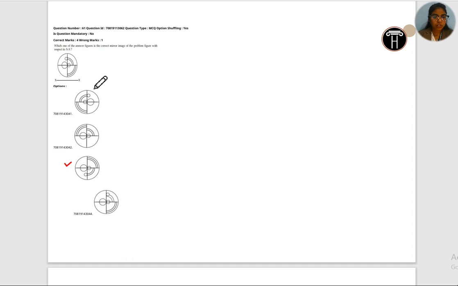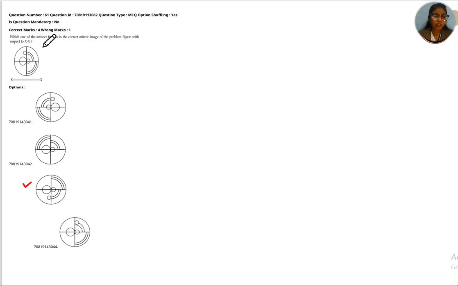Now the next question is, which one of the answer figures is the correct mirror image of the problem figure with respect to the x-axis? Please don't imagine that the x-axis would be parallel or that it might be perpendicular. Please look at the question carefully, where they have given the x-axis, whether it is perpendicular or parallel to the image figure.